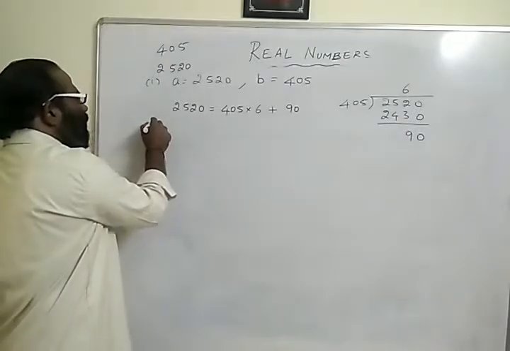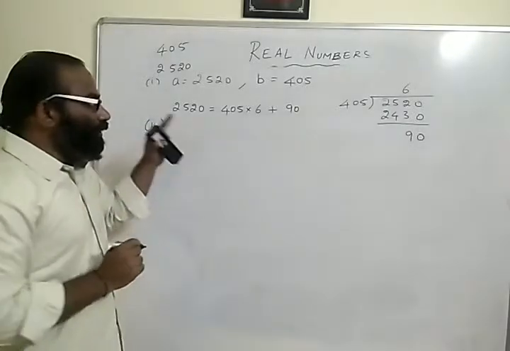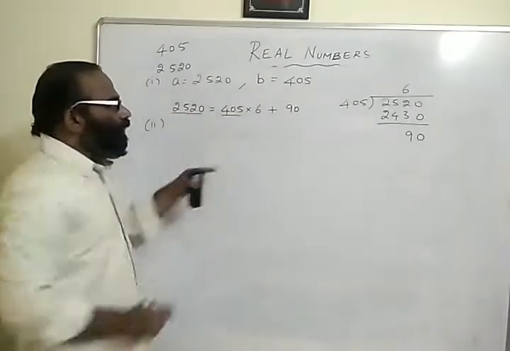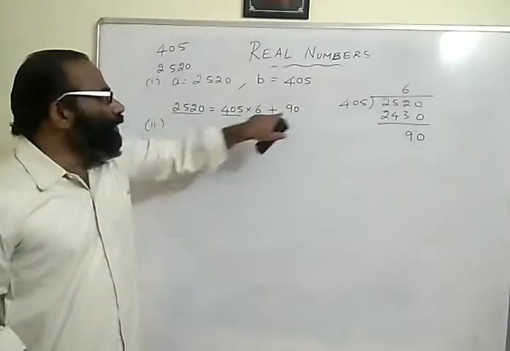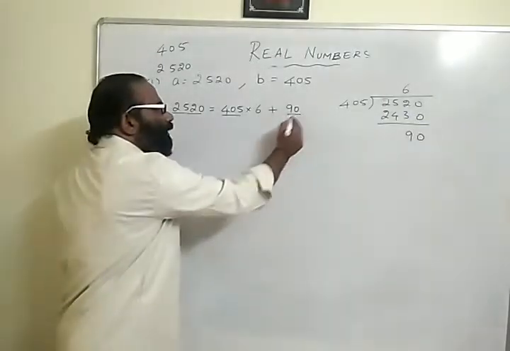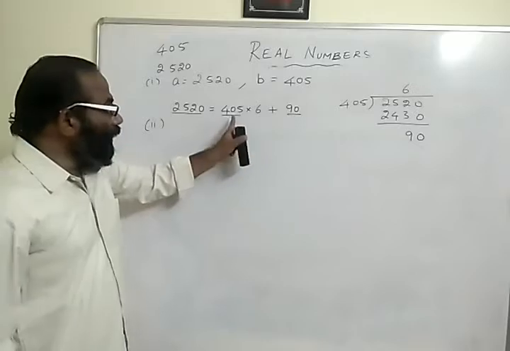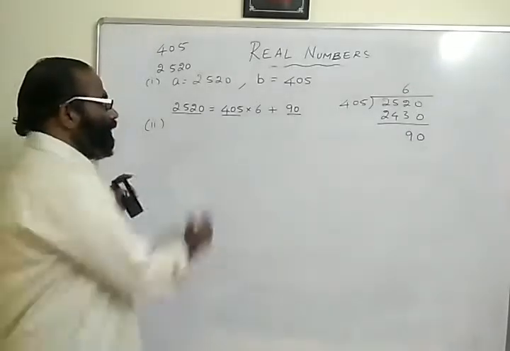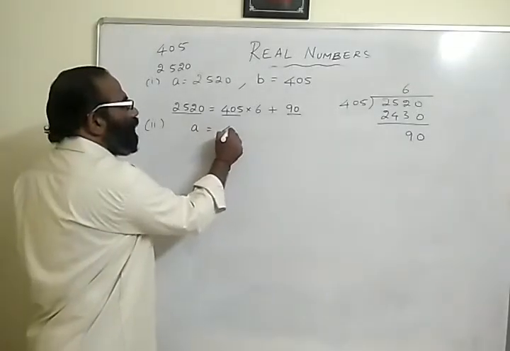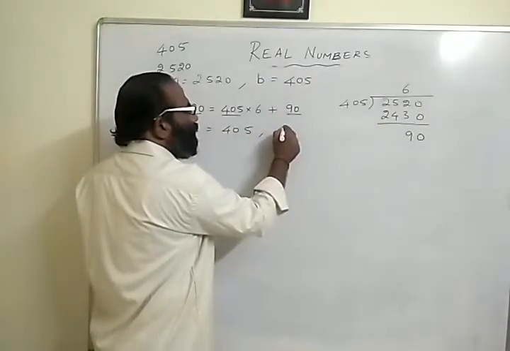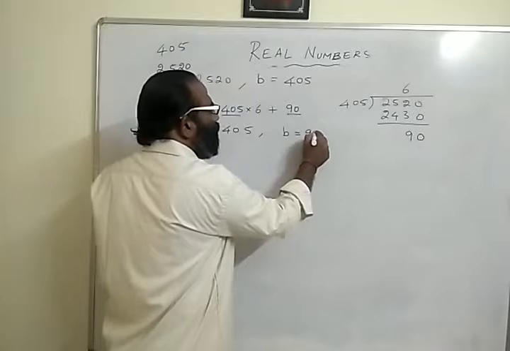Now in the second step, what needs to be done? Watch carefully what we are doing. Here this was the A, this was the B. Now in the next step, make the R as the B and the B as the A. So A becomes 405 and B is equal to 90.